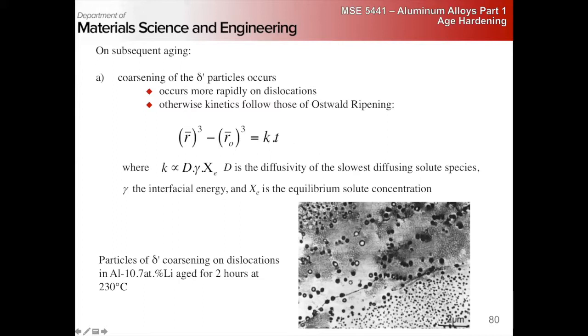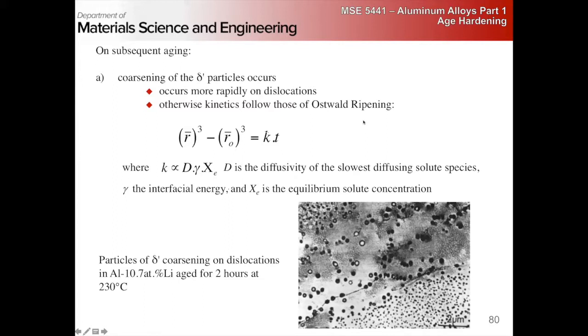I threw up the kinetics for Ostwald ripening on there. Again, K is going to be a term that depends on the diffusivity and the interfacial energy. And what happens during Ostwald ripening again?